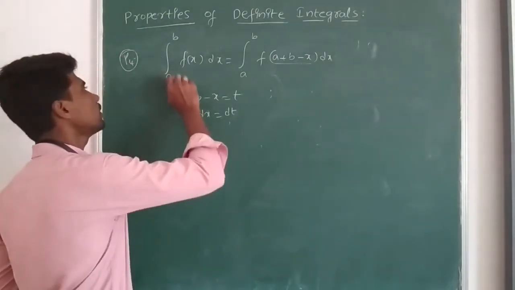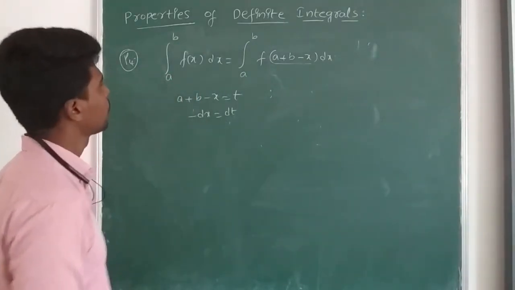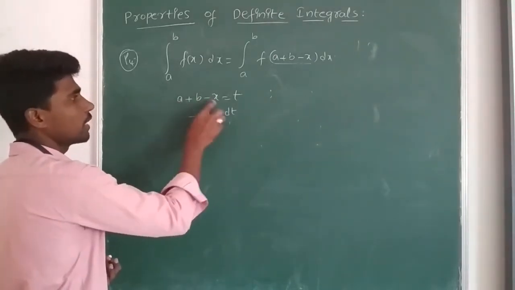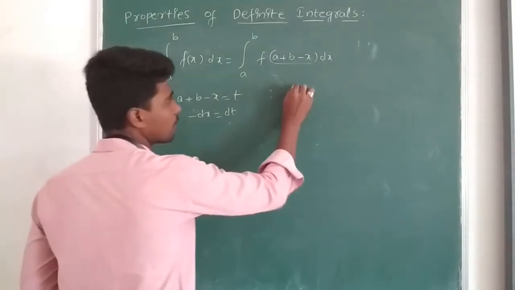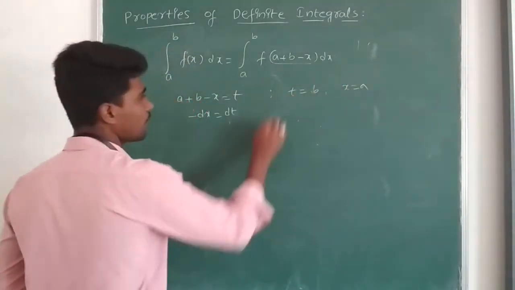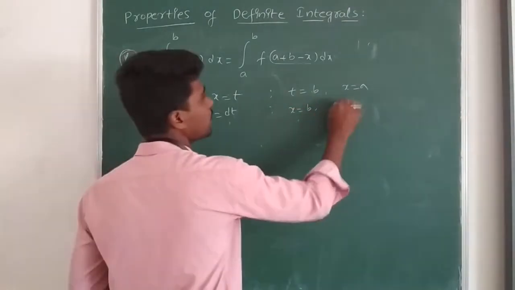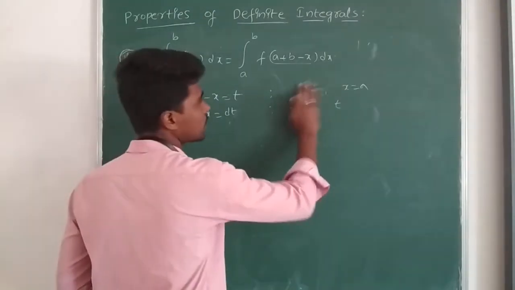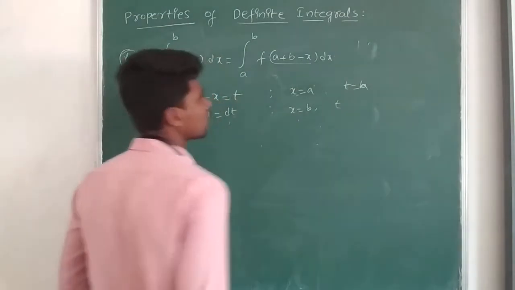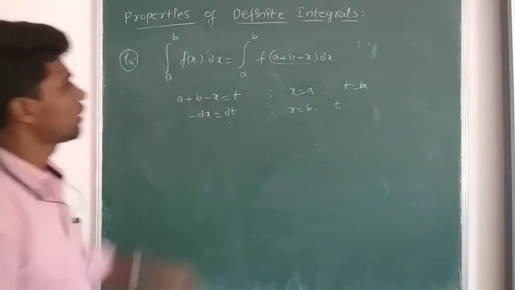As x goes from a to b, t varies from: substitute the value of x as a, the a's cancel, so t becomes b where x becomes a. If x becomes b, the value of t will be a.